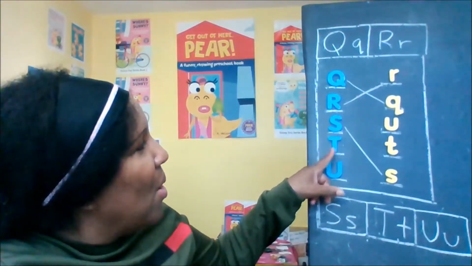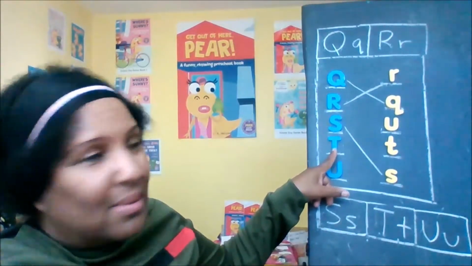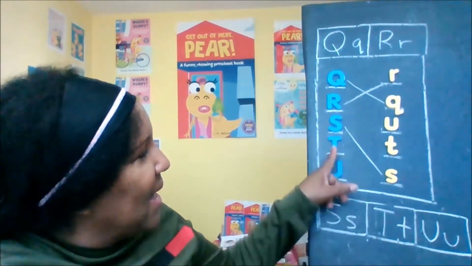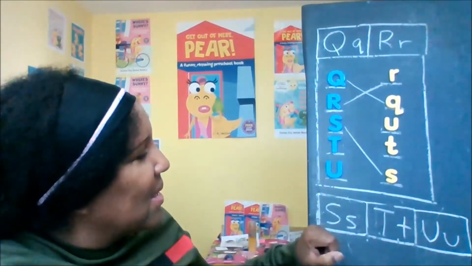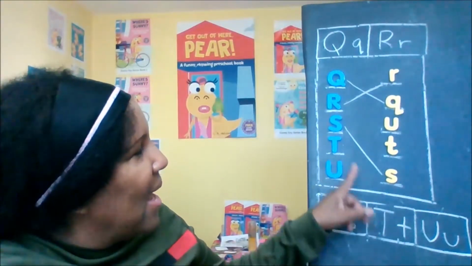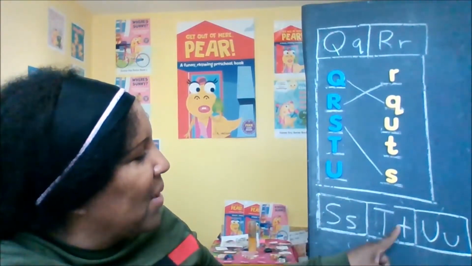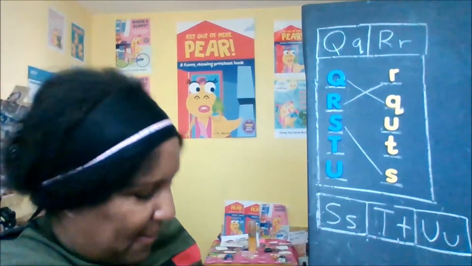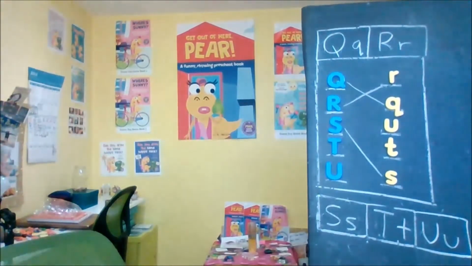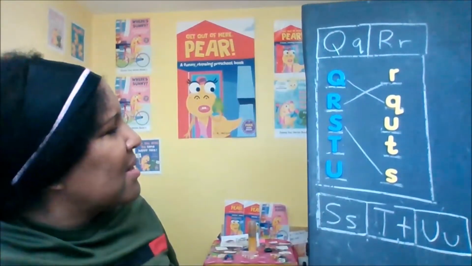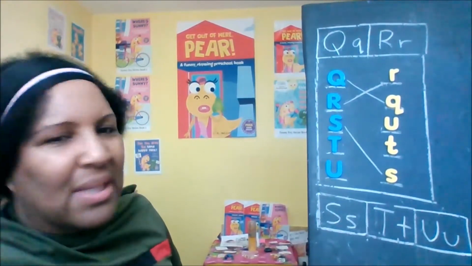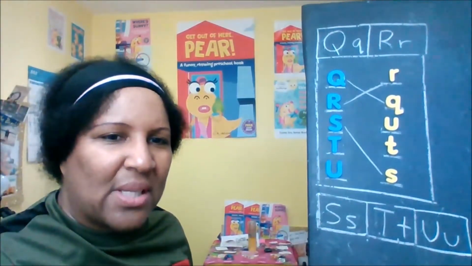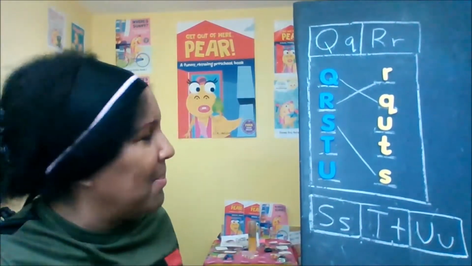Okay, so we have T here. There's big T. It has a line with a cross. And there's little t that has a line with a cross. Okay, so does anybody see where the two T's are so we can match them?